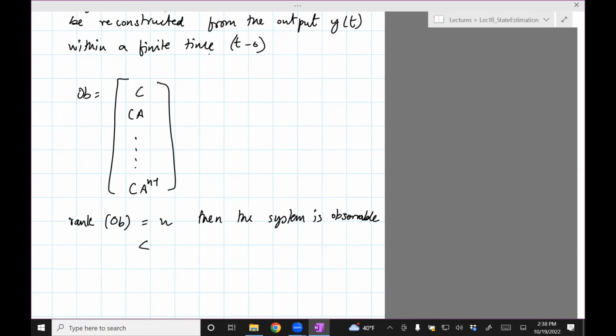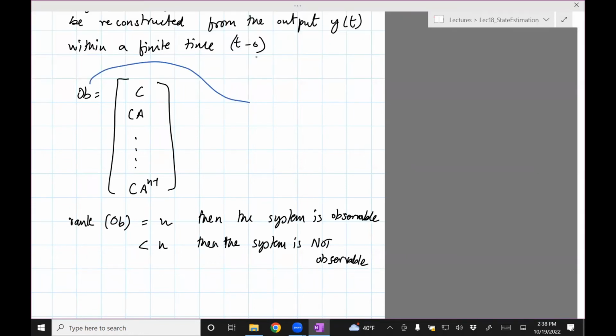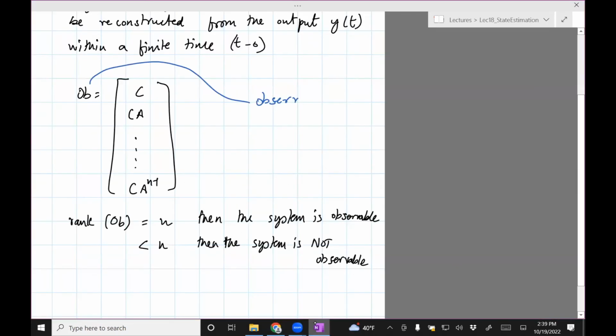If it is less than n, then the system is not observable. Okay, and I just would say that this OB is also known as the observability matrix.